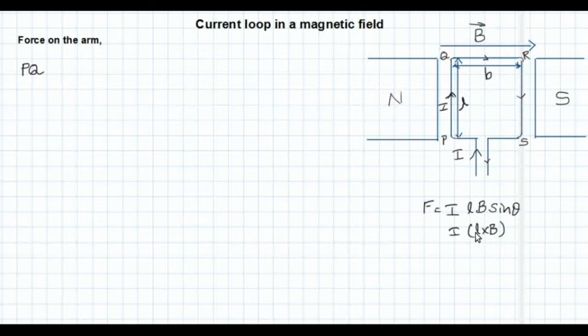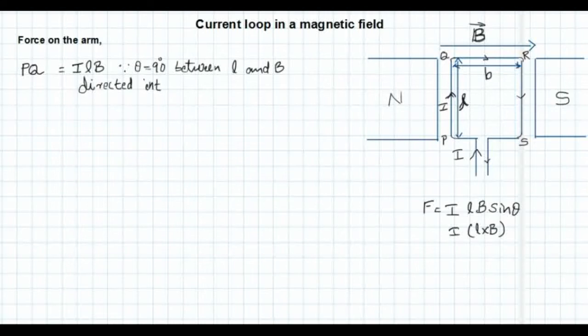Therefore, F is equal to ILB sin 90, or the force on PQ is equal to ILB, since the angle theta is 90 degrees between the length L and the field B.